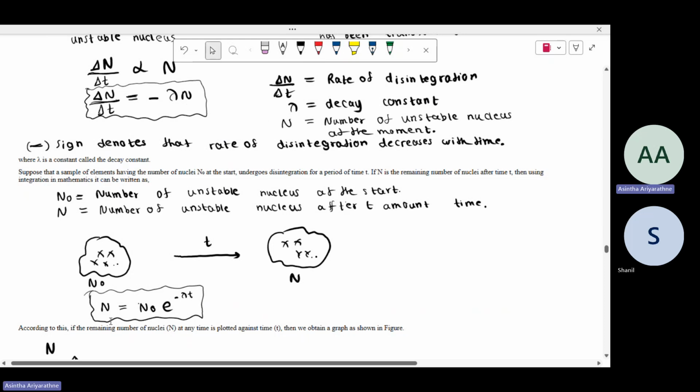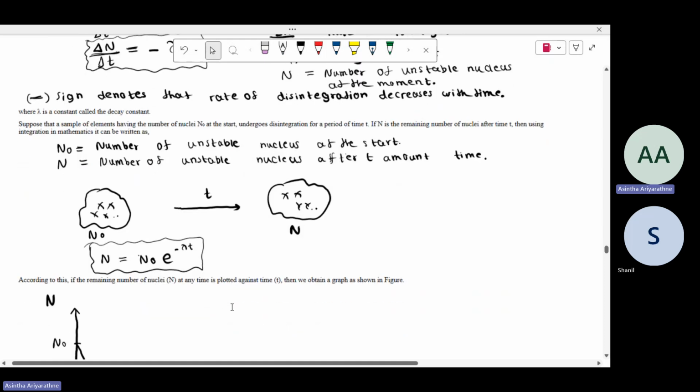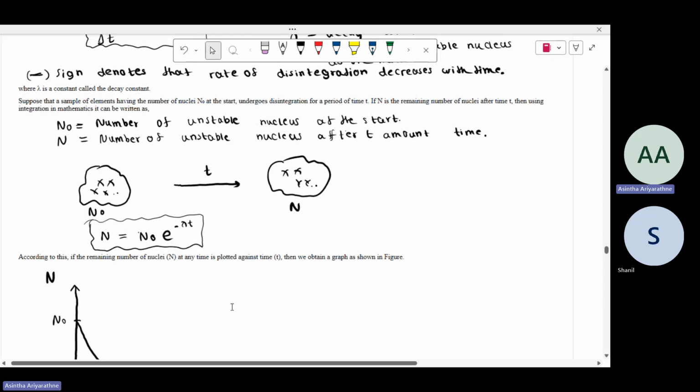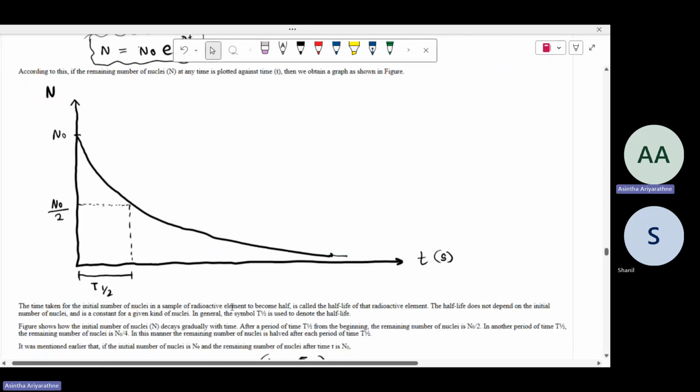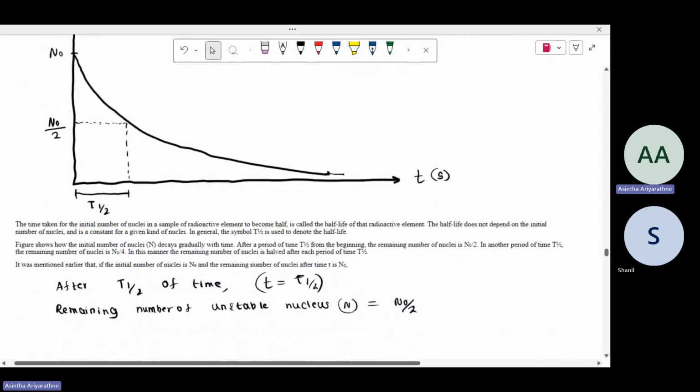Then we got this expression to find the number of unstable atoms at a given time. If the initial number of unstable atoms is N naught, we have N is equal to N naught e to the power minus lambda t. t is the time that we are going to consider, that we need to find the number of unstable atoms. Then if the graph is plotted, we have this shape.